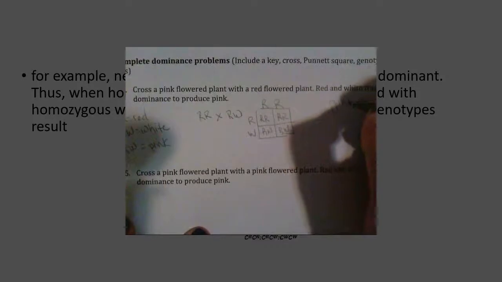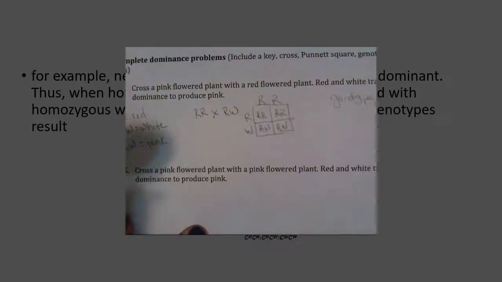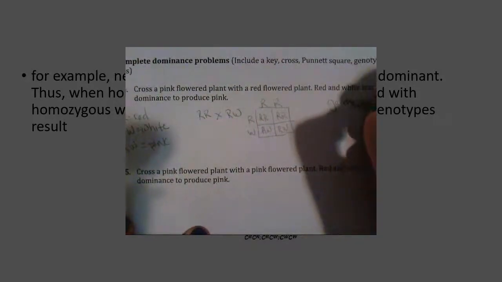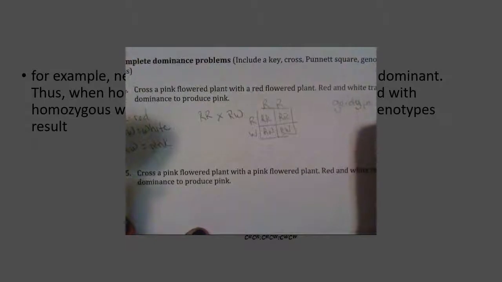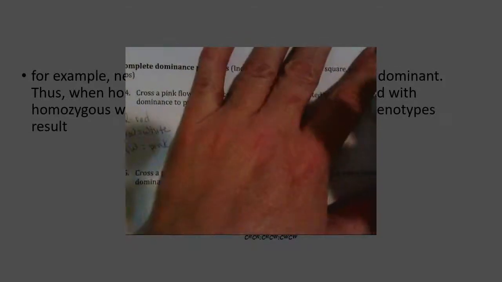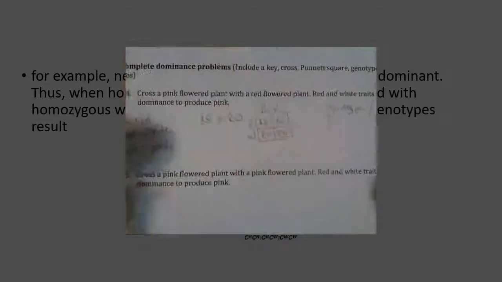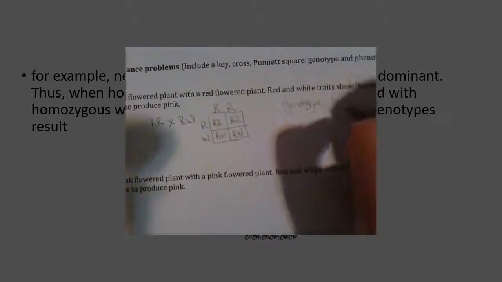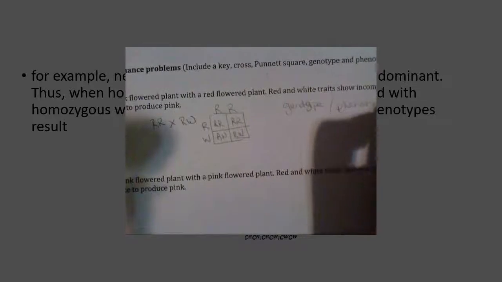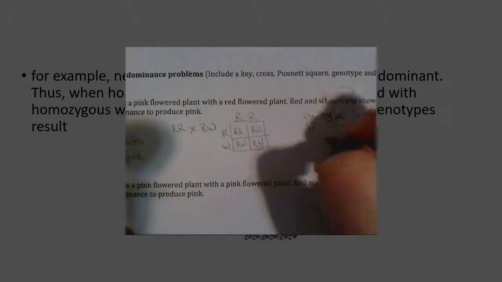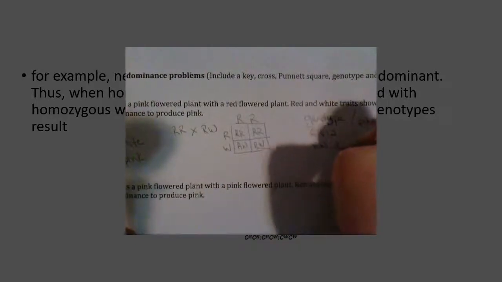Now, in incomplete dominance, the genotype and the phenotype are usually the same. So we have red, 2 of them, and pink, 2 of them.